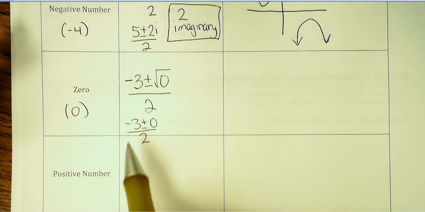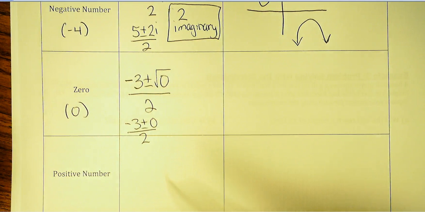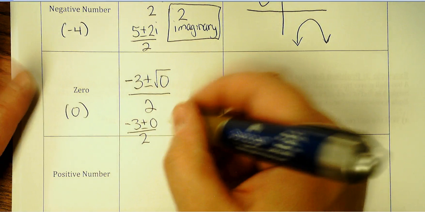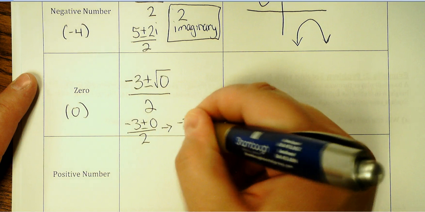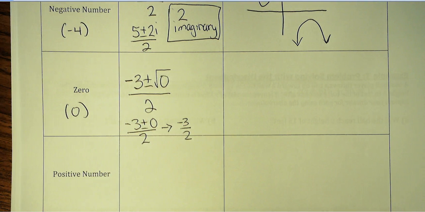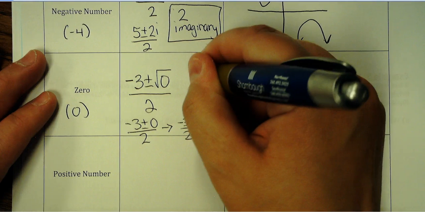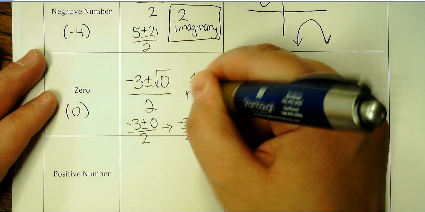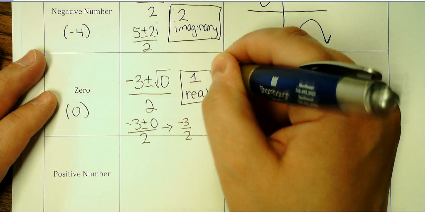So you still have the negative 3 plus or minus, but if you add 0 or subtract 0, it's the same thing. So the only answer in that situation, my little example I just made up, would be negative 3 over 2. So this is just one solution, and it's going to be a real solution.